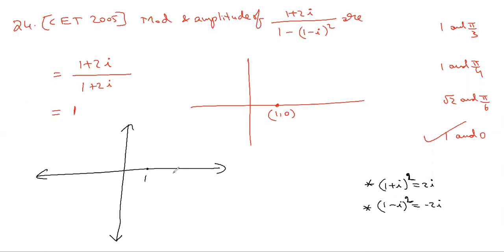Suppose 1, just now we saw. Suppose some 2 is given, argument of any positive real number. Suppose some root 5, argument of root 5 is again 0, any positive number.